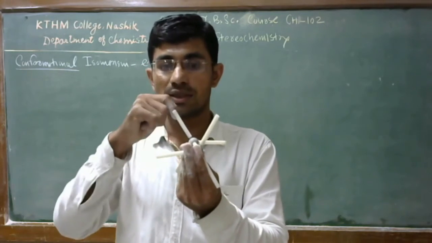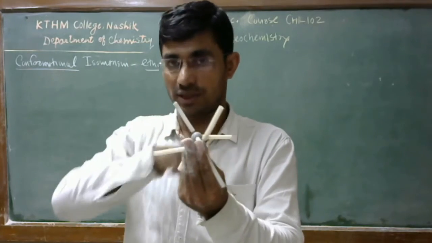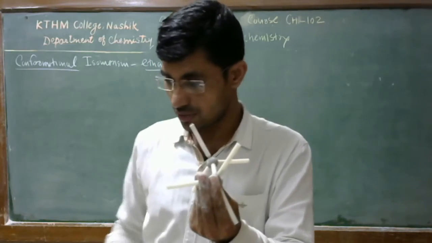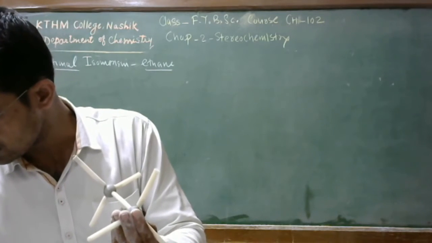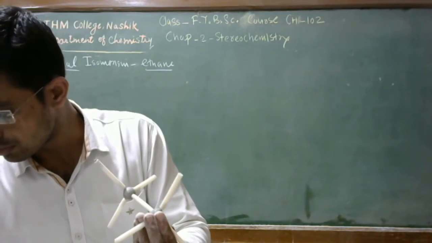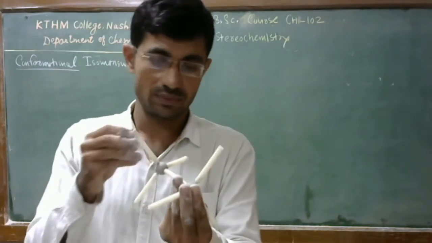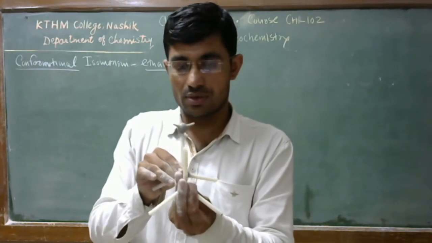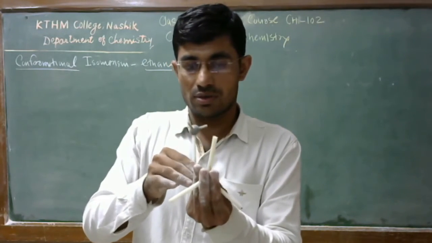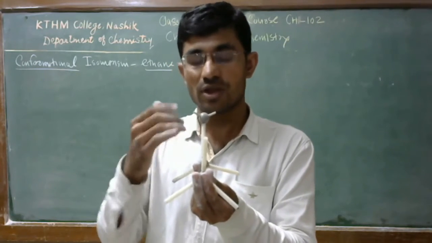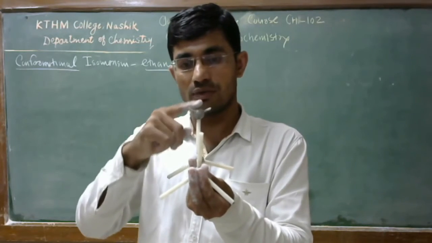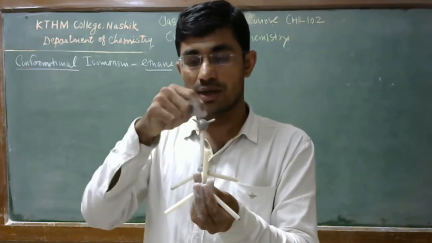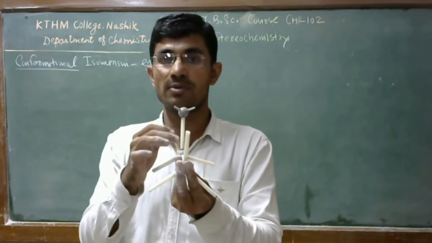Overall angle is 360. For distinguishing purposes, I consider one group here, not any group, this is also hydrogen, but I mark it with a different kind of group. So this is the eclipsed conformation.